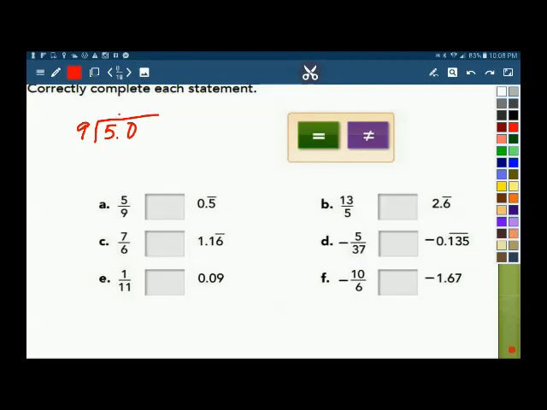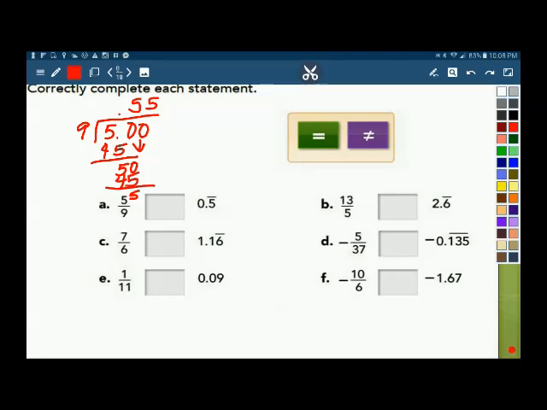So for my first number, 9 goes into 50. Let's see, the closest multiple of 9 is 45, which is 9 times 5. So 50 minus 45 gives me 5. Now, if I were to drop down another 0, I just get 50 again. And then I'll end up saying that 9 times 5 is 45 again, and I'll end up getting 5 again.